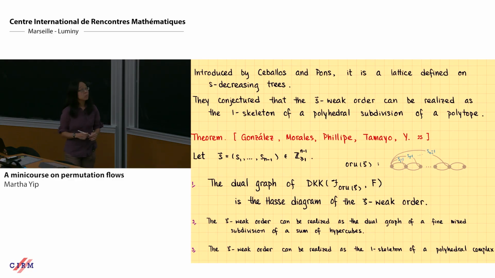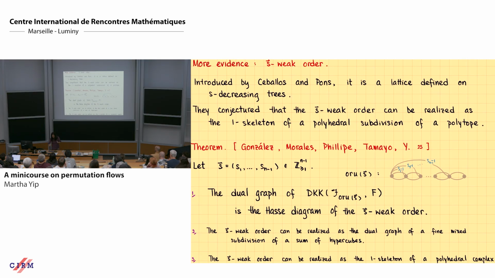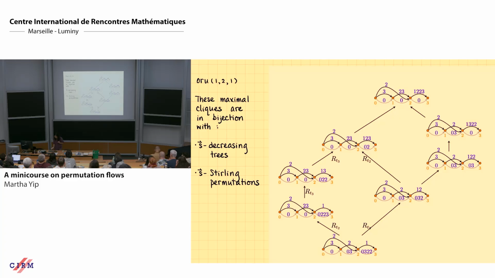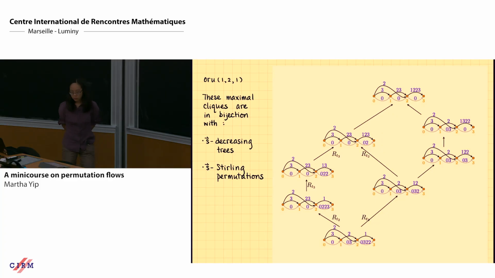But this is yet more evidence that DKK triangulations have a dual graph that has a lattice structure. And so here's a picture of the oruga, the S oruga, where S is 1, 2, 1.